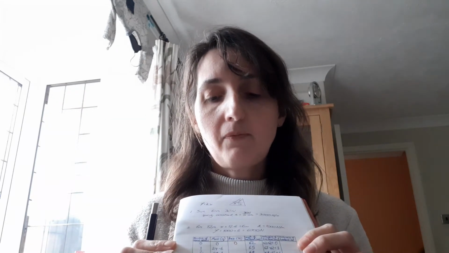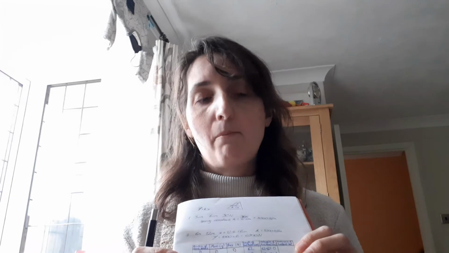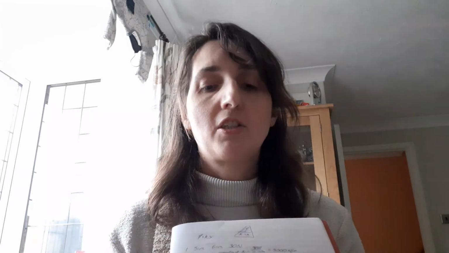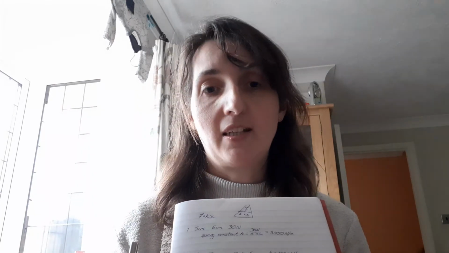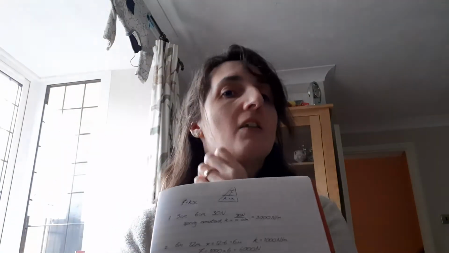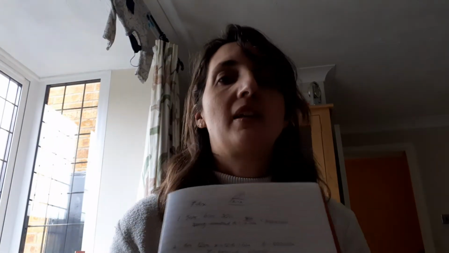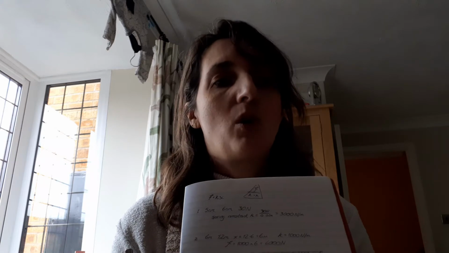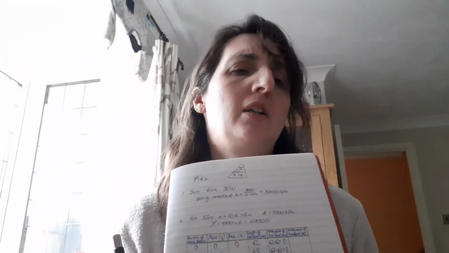Okay, so there we go. So we've got the mass in grams, and now we need the force in newtons. Okay, so if we remember, to get our force in newtons, we need to get our weight, and our weight is mass multiplied by gravity. Okay, we did this a few lessons back. So gravity on Earth, we usually assume to be 10. It's actually 9.81, but that's an awkward number.